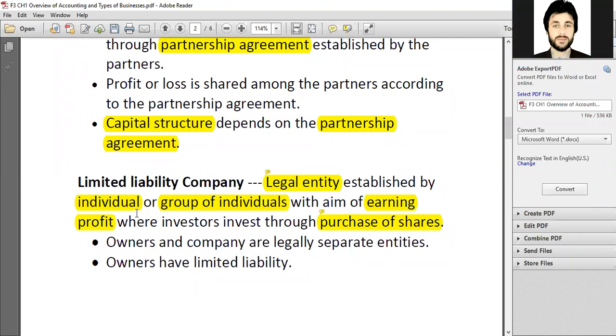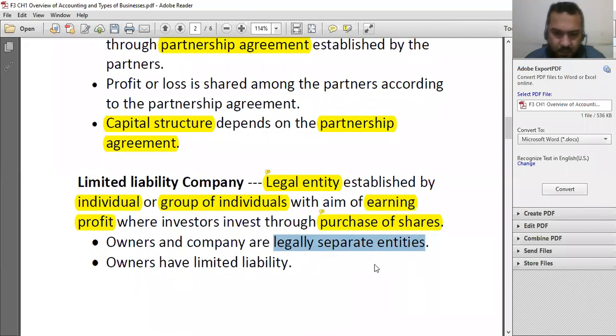Now the features of a company, which you have already explained here. The first point, legally separate. Second point, limited liability. Now look, the liability of a company is limited. What do you mean by this? You have stated about unlimited liability. It means that if a business has unlimited liability, the owner will be responsible to settle the dues using his or her own personal wealth.